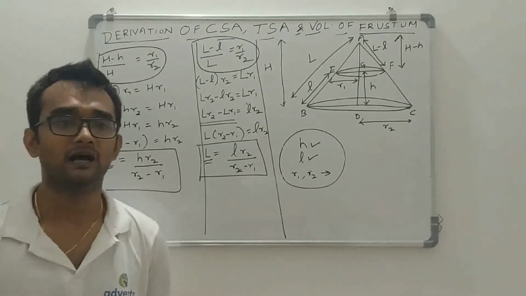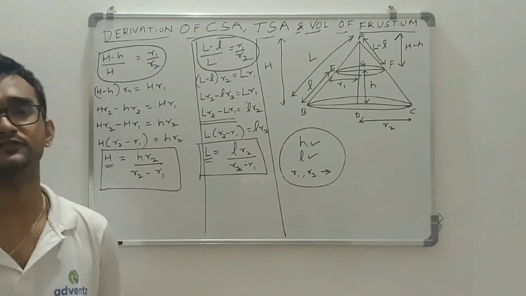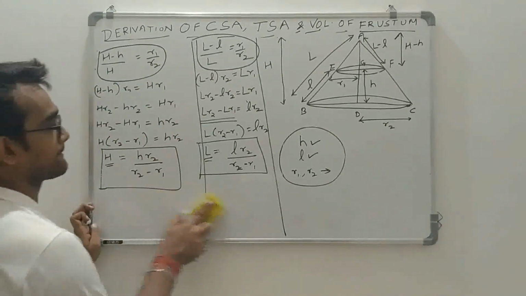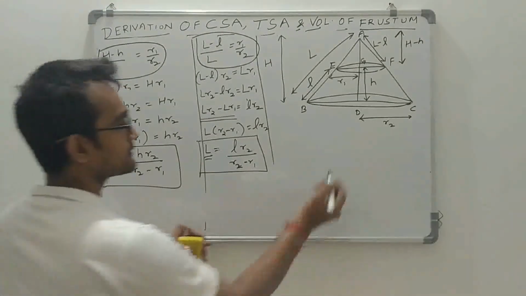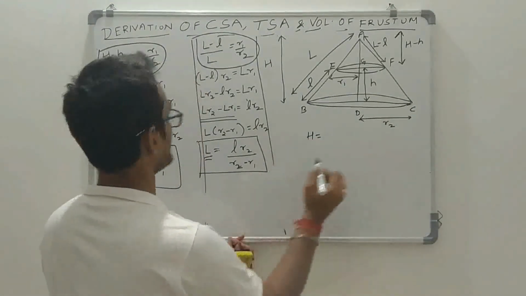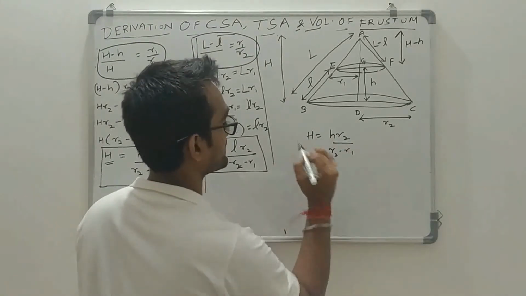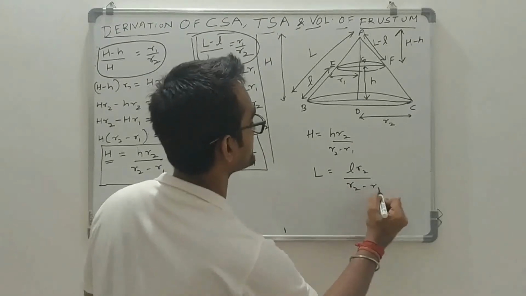Now friends, I will start with the derivation of the formula of curved surface area of Frustum. For use on the side, I will write the values of capital H and capital L because they will be used in the derivation.